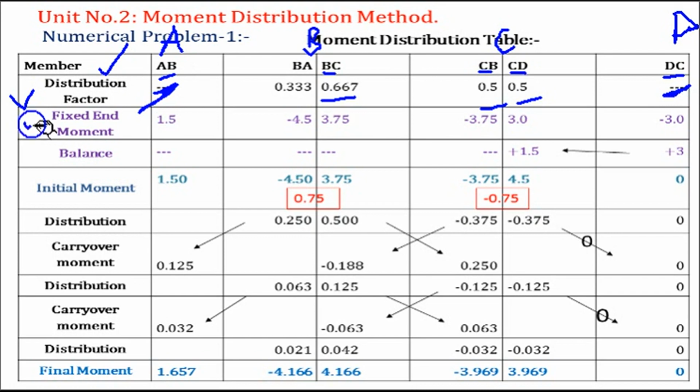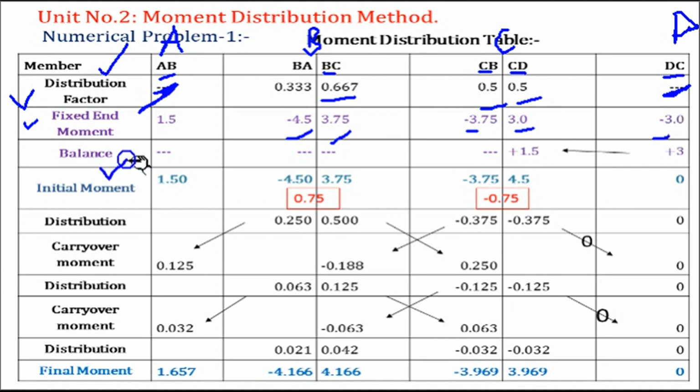Now next, write down the fixed moment. For AB 1.5, BA minus 4.5, BC 3.75, CB minus 3.75, CD 3, and for DC minus 3.